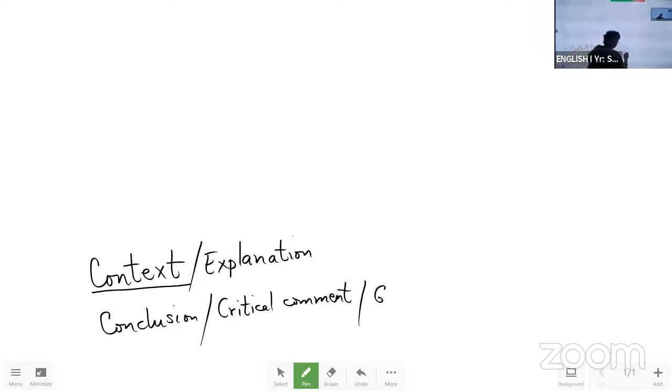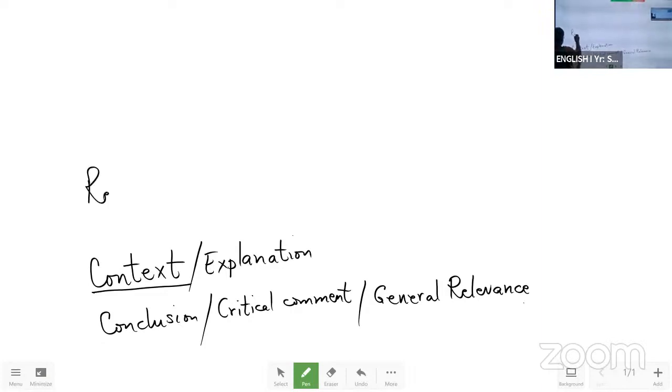All are same thing. So when you write an annotation, just see that you have 3 subheadings: reference, context, conclusion, or general relevance.